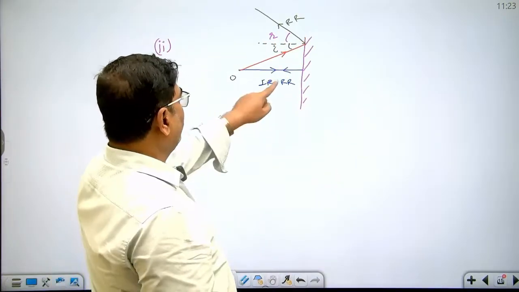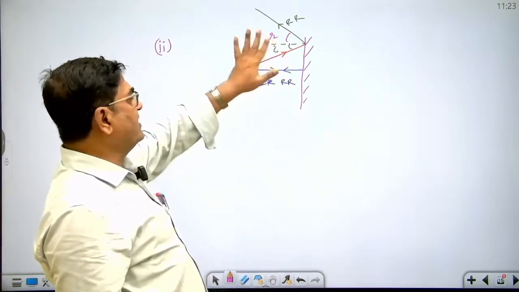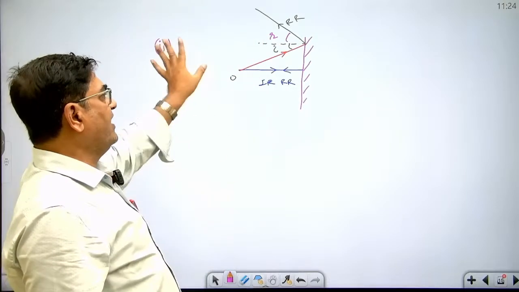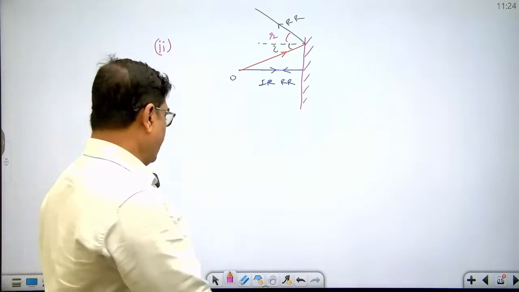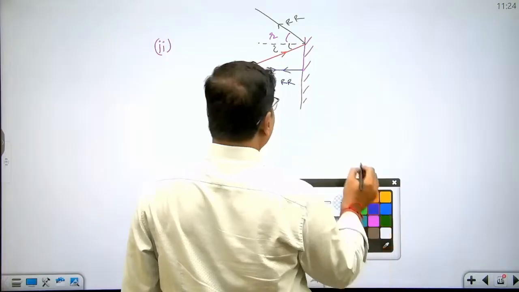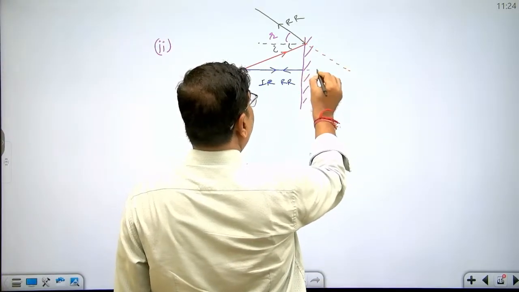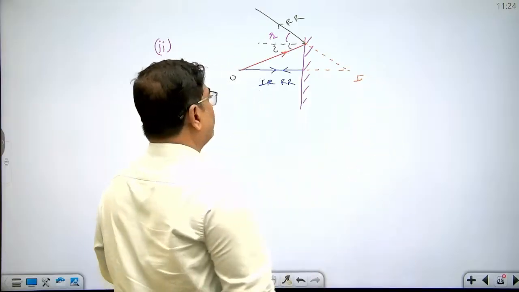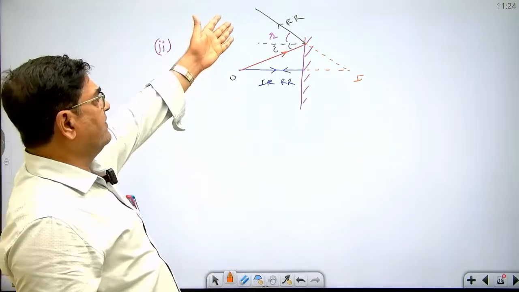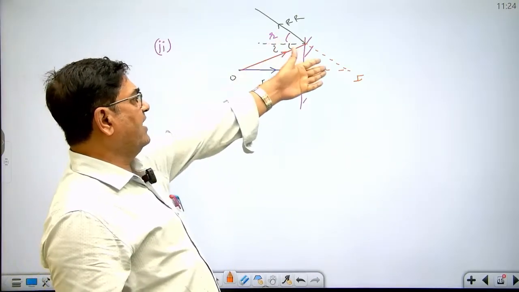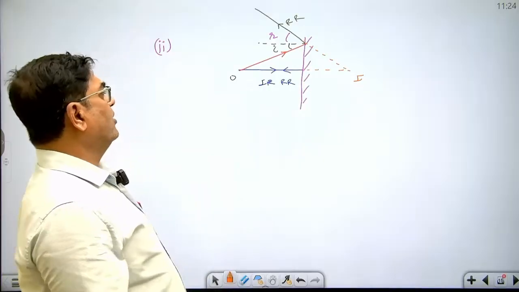Okay. This reflected ray and this reflected ray are of diverging nature, so they will never intersect ahead. So what we are doing, we are projecting them backside. So dear student, what we are observing is that as if these reflected rays are coming from this point. So this is image.